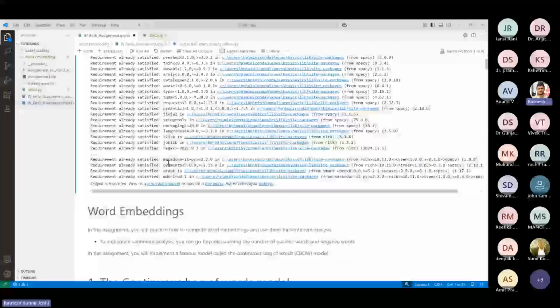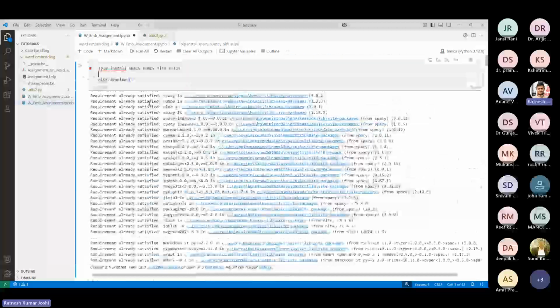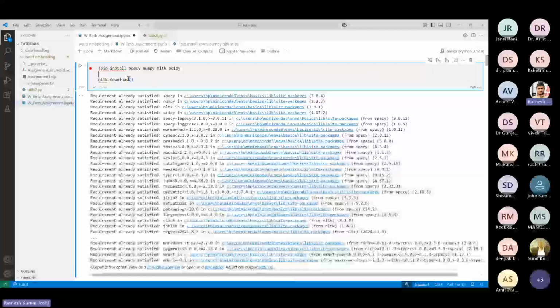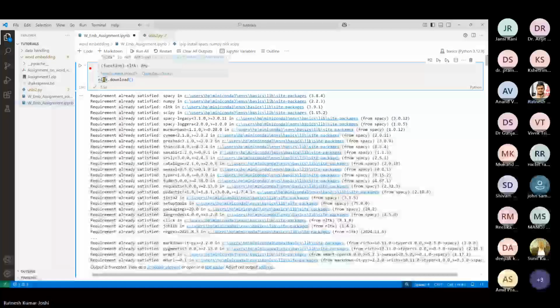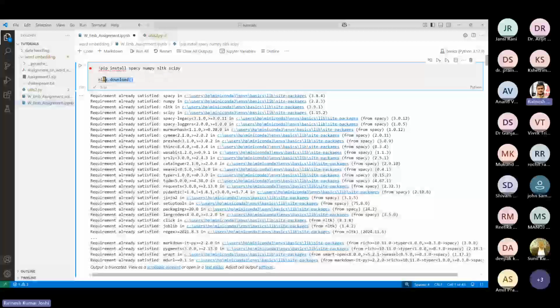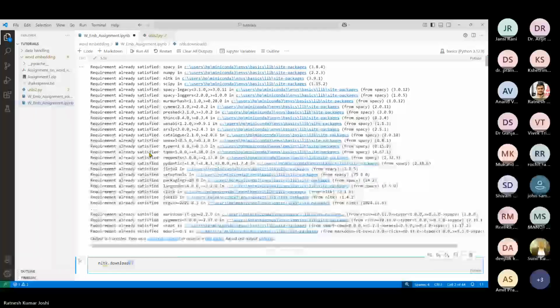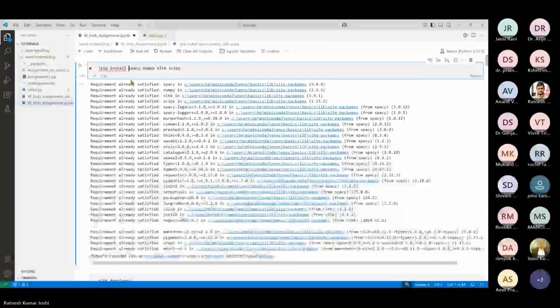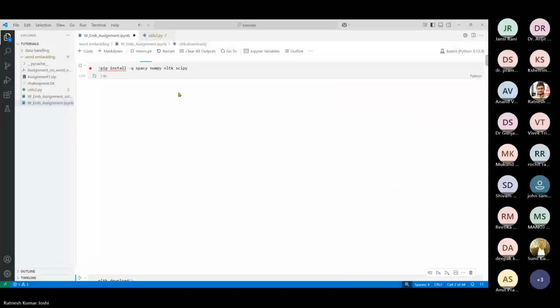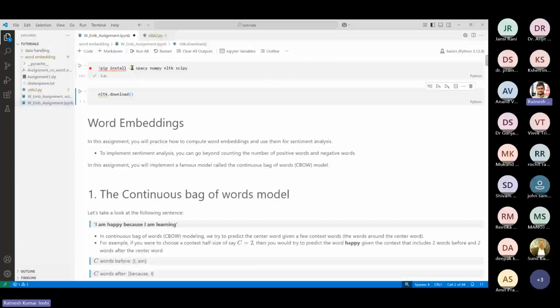As you can see, output created, so it's just installing. I'm just adding a queue as well so that it doesn't give you a huge pop-up.